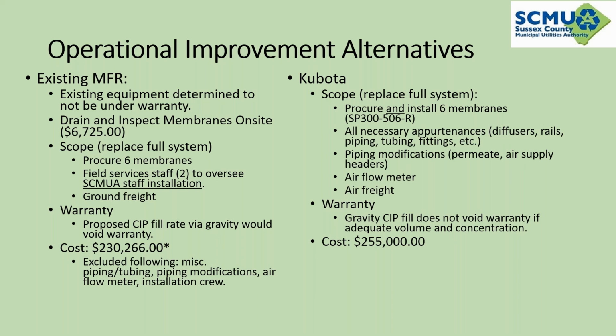One of the things I didn't mention is that we're hoping to go to more of a gravity feed CIP system. If we were to proceed that route with the existing manufacturer, that would void the warranty because you wouldn't meet the required flow rate for that chemical fill rate to maintain that warranty. So that 5-year workmanship warranty most likely would not be valid, even if we were able to upgrade our computer system and the monitoring controls to track some of the other parameters that were required.